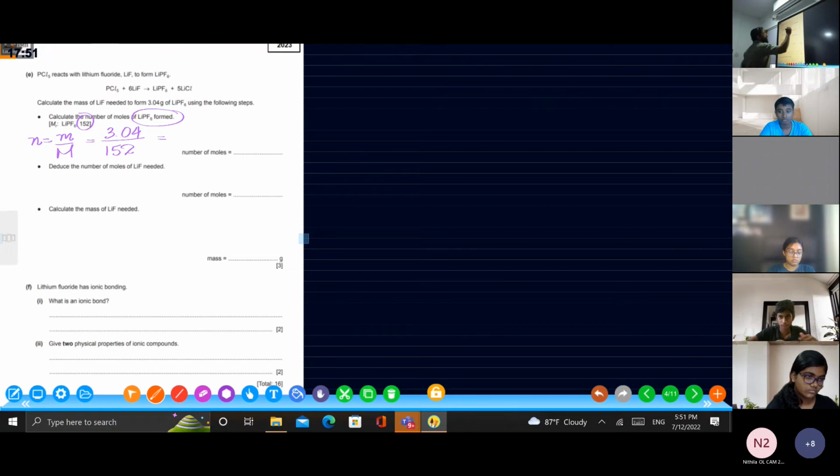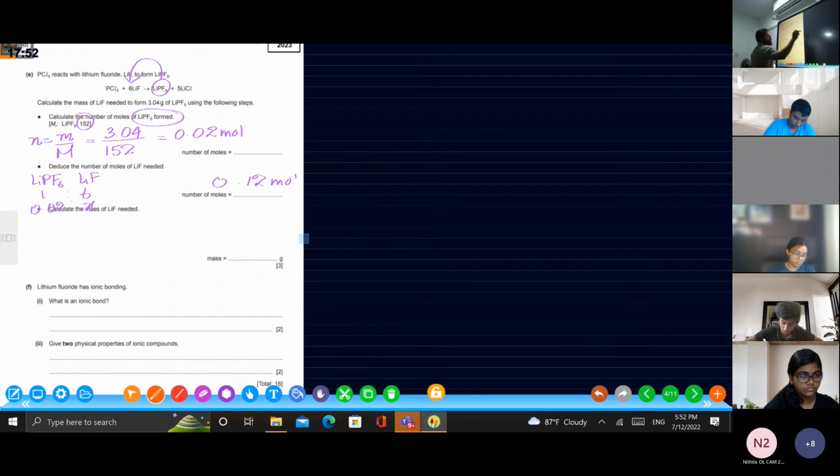So this will give you 0.02 moles of this. Then they ask for moles of lithium fluoride. When you check that, you have a 1:6 ratio. So you write LiPF6 to lithium fluoride is 1:6. Therefore 0.02 to x, so you cross multiply and get 0.12 moles.